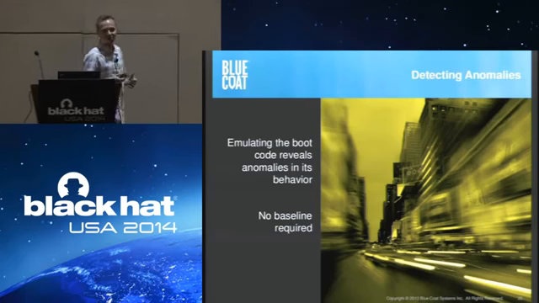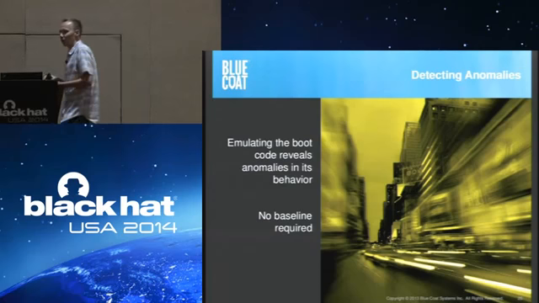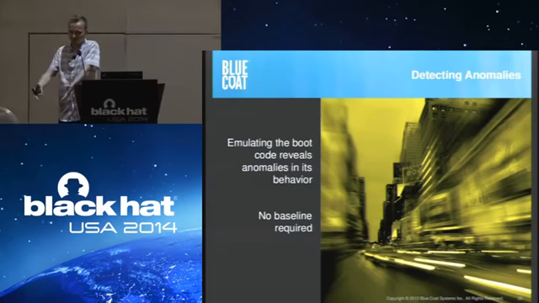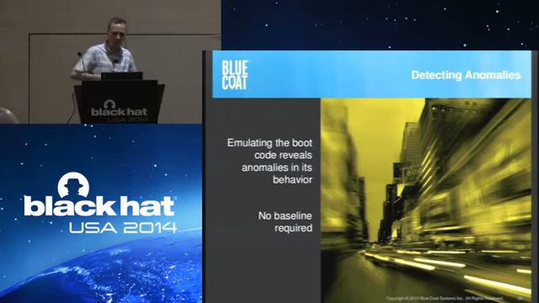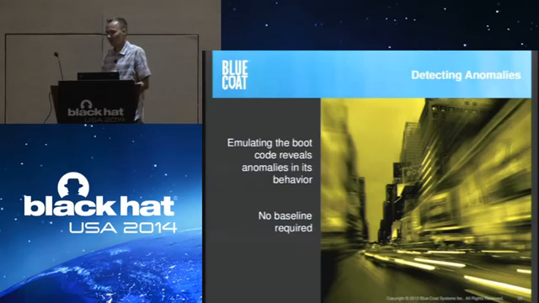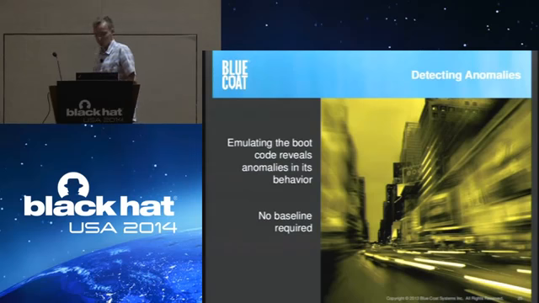And what I really like about this approach is that you don't require a baseline. You don't need to know what the boot sectors used to be. You just run it and analyze the behavior of what is currently on the system. In other words, you don't need to know anything about the system before you run your detection code on it.